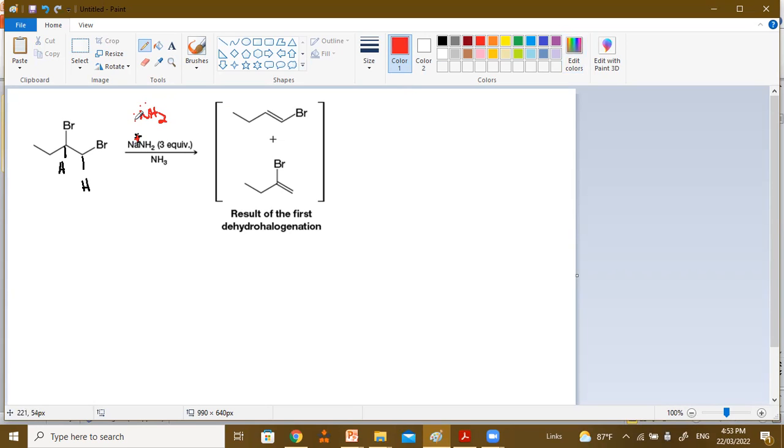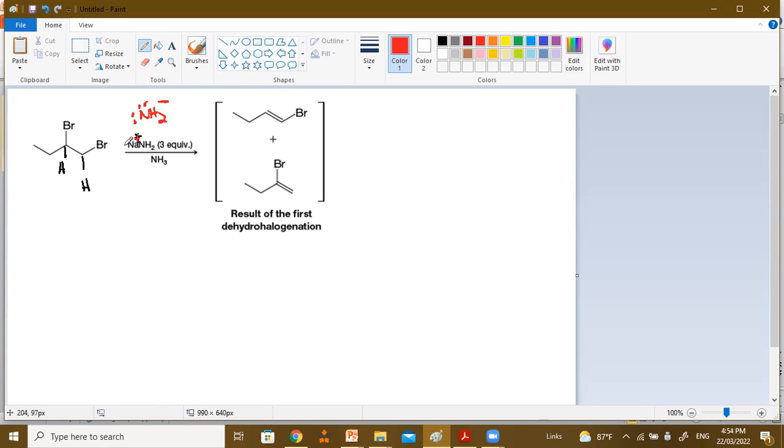Arrow from that. Okay, you have your dot. You have 2 dots. And of course, there's a negative charge.